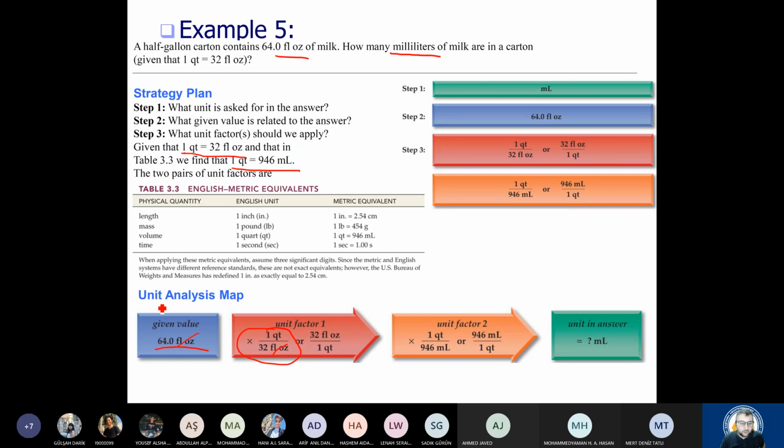After that you want to convert quart to the milliliter. So you must write milliliter first, after that over quart. So 946 milliliter over 1 quart. So quarts are also cancelled to each other. So at the end you will find your answer in milliliter.